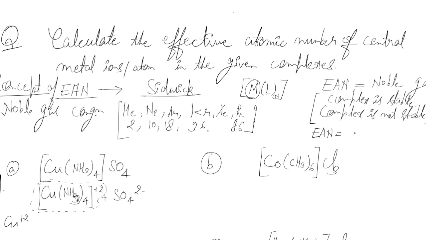EAN equals the number of electrons in the metal ion plus the number of electrons gained from the ligands.